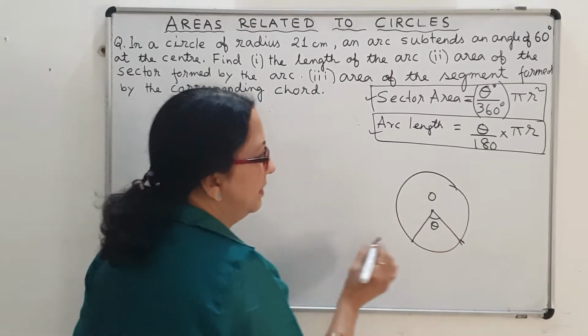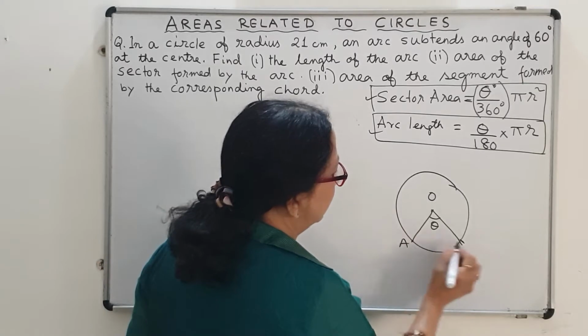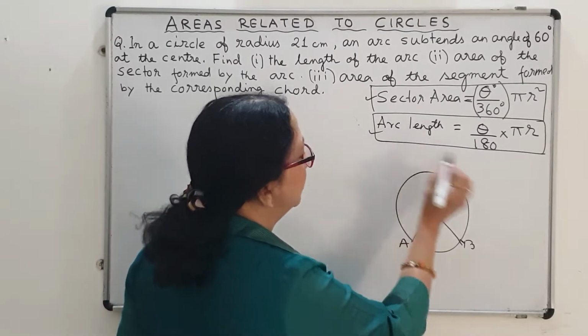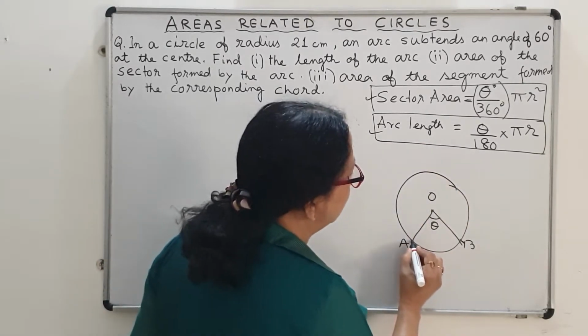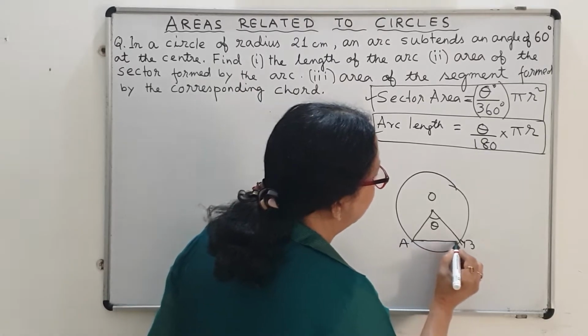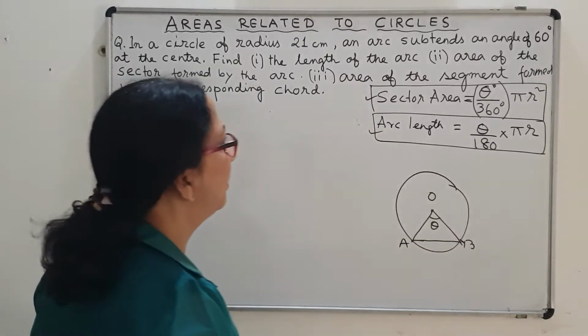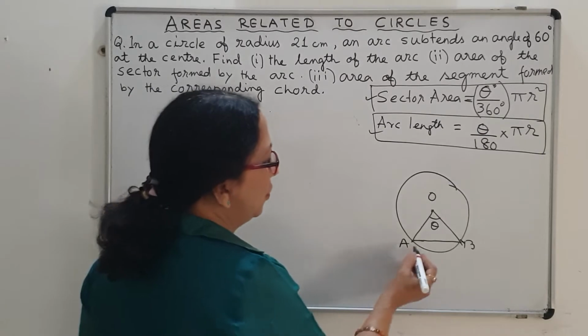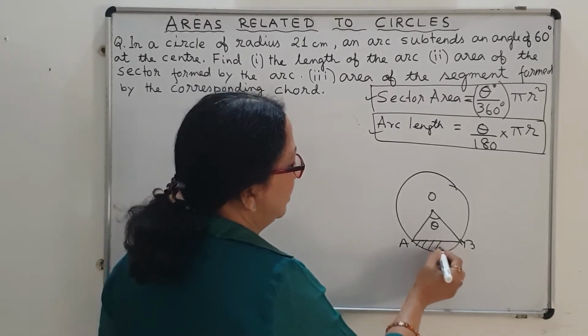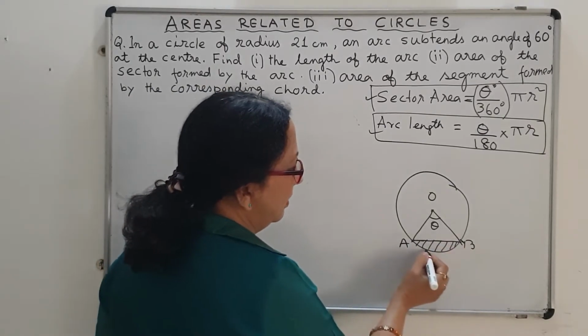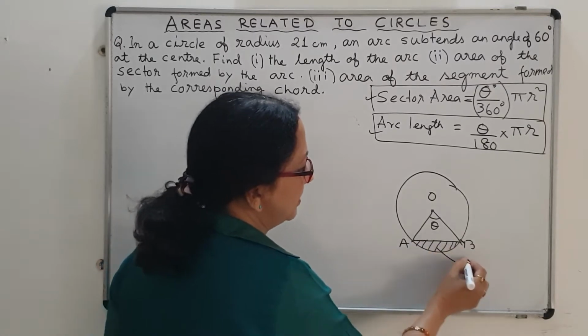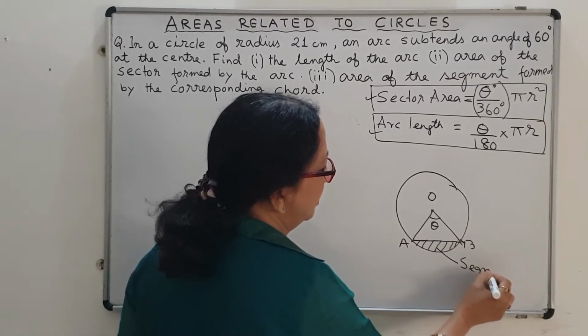Say the arc is AB. Corresponding to this arc, I will have a chord. The area between the arc and the chord is known as the segment or segment area.